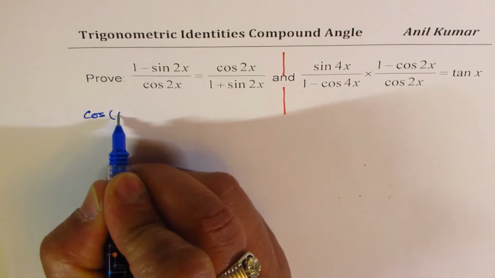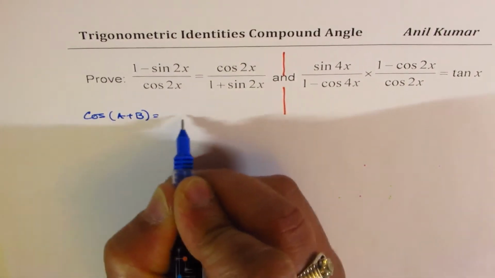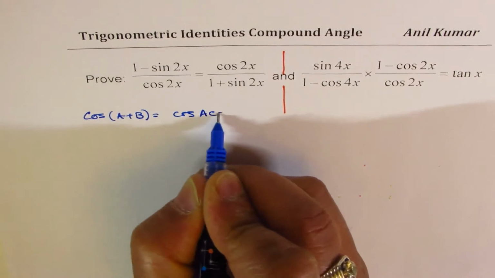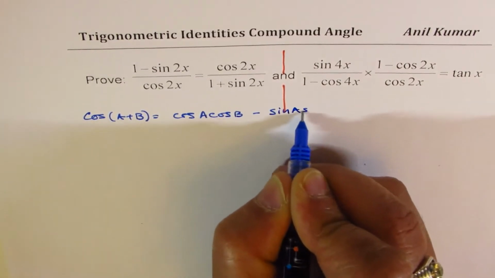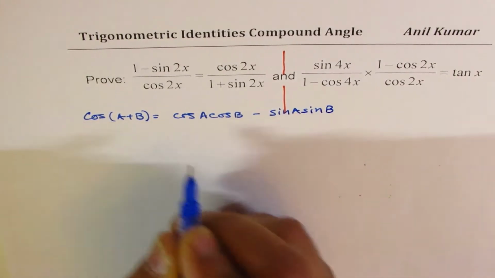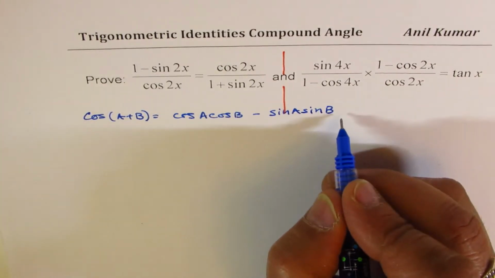We know cos(A plus B) is equal to cos A cos B minus sine A sine B. Now this is extremely important.